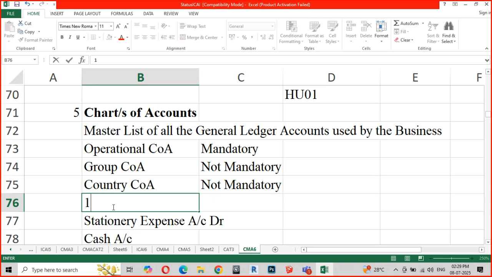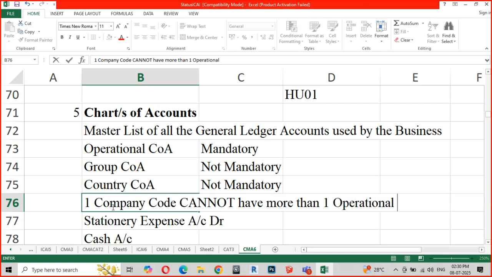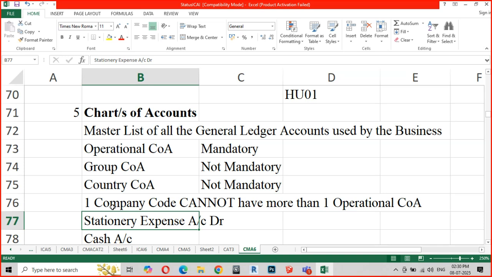One company code cannot have more than one operational COA. But I will tell you the vice versa.